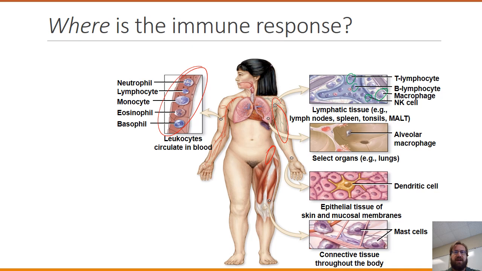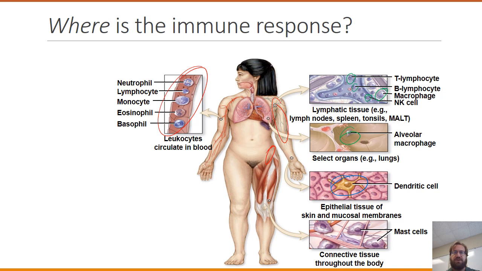Other places in the body have their own immune systems, though. There are macrophages that are found in the alveoli and in other places such as the liver. And there are these unusual cells called dendritic cells found in the skin that play a role in the immune system.